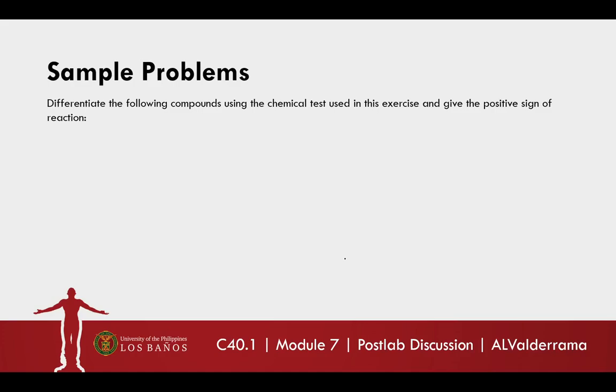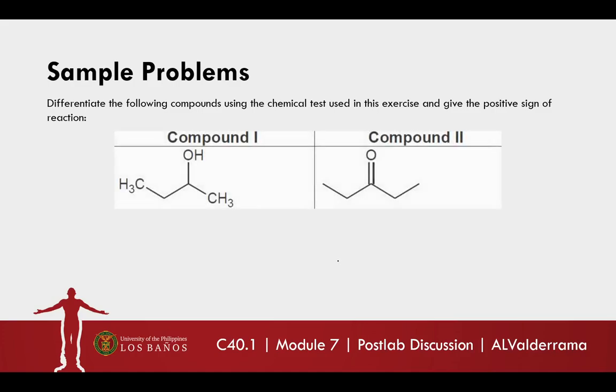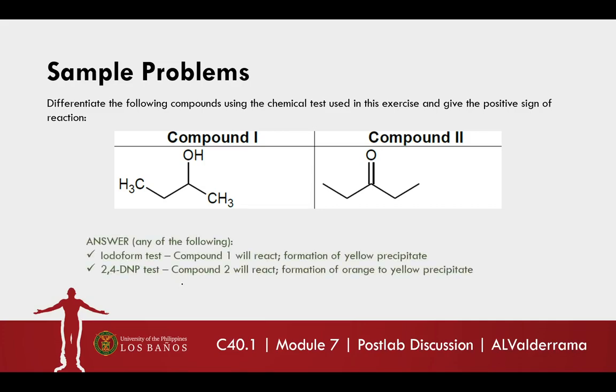So for sample problems, ano kaya yung chemical test that we can differentiate compound 1 from compound 2? So the answer here is iodoform test, since ang ating compound 1 will react with iodoform, since ito ay methyl carbinol. Okay?